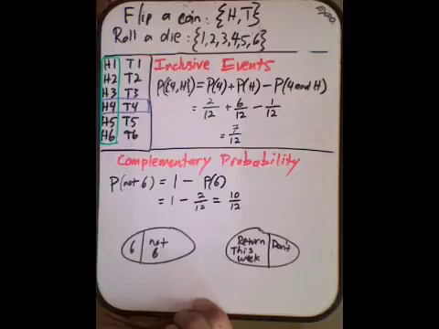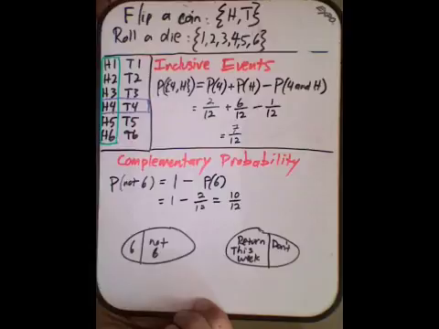And the last one, the probability of not 6. Okay, this is a perfect chance to use what's called complementary probability. The probability of not getting a 6 has to be 100% minus the probability of getting a 6. And that's 2 out of 12, so 100%, or 1, or 12 twelfths, minus 2 twelfths gives us 10 twelfths.